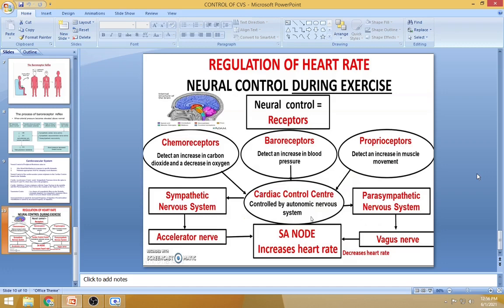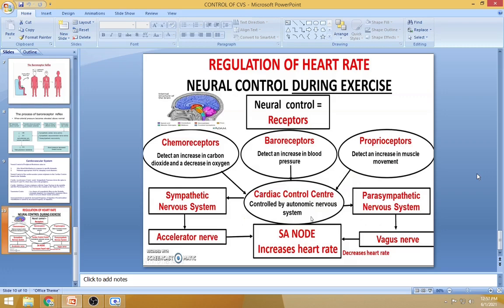Okay, so all these would have an effect on the neural control center and would modulate it, and then this would modulate the cardiovascular system as a whole, according to the requirement, right? According to the demand, the requirement, or the need.